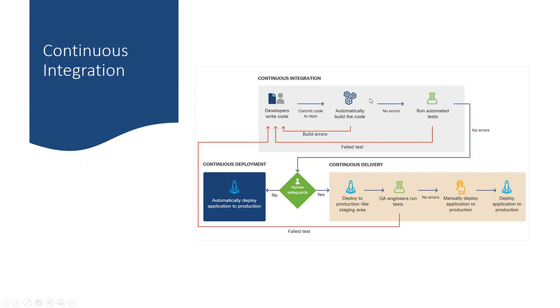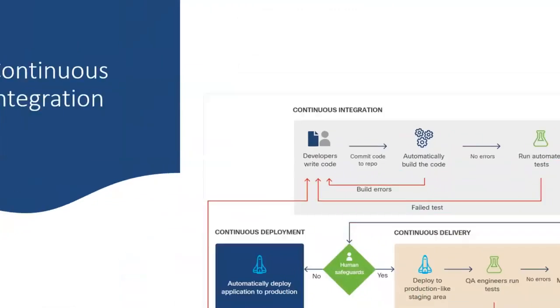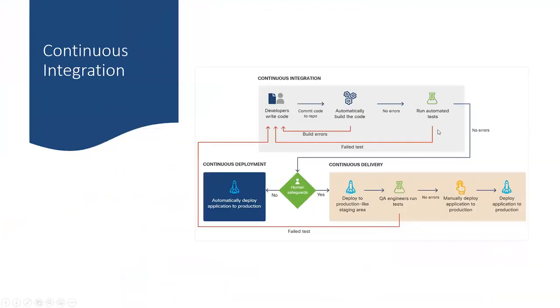But if there are no build errors, it goes to the automated tests. If the tests fail, it goes back to the developers and they do it from the start again. But if there are none, it goes to the next part.